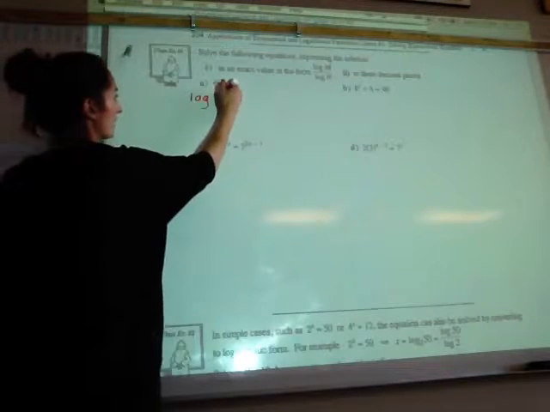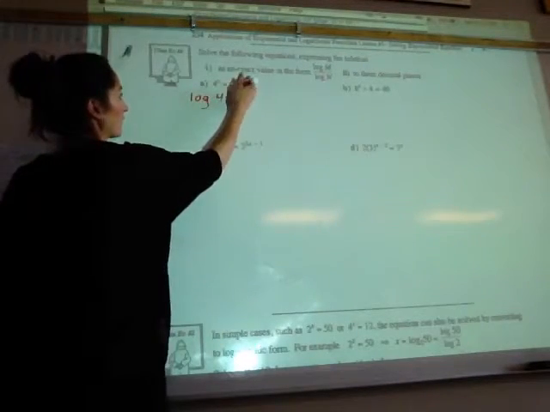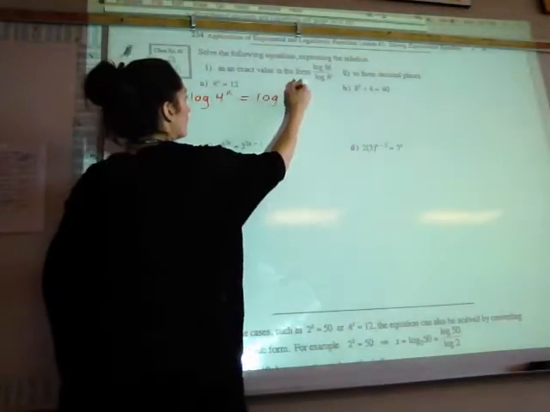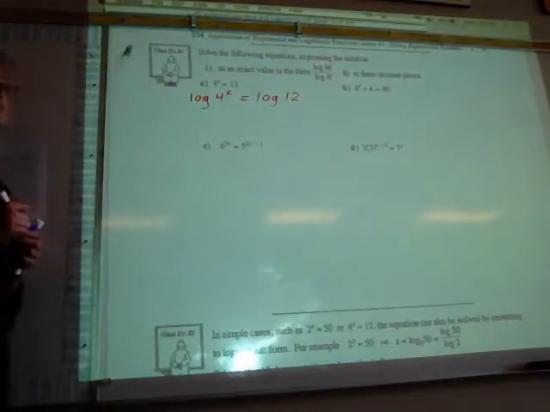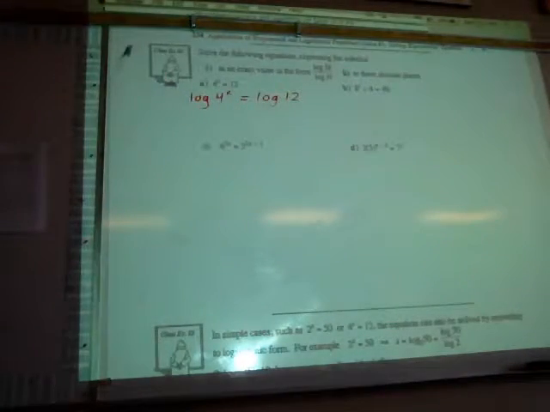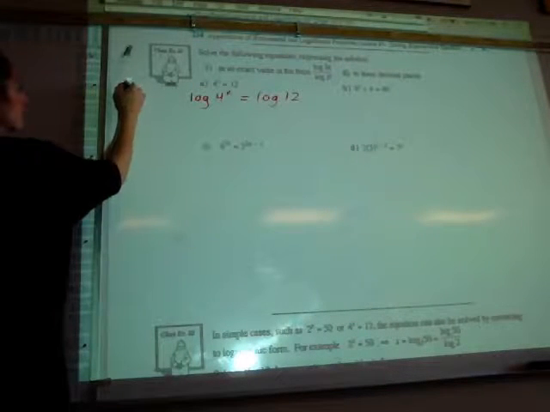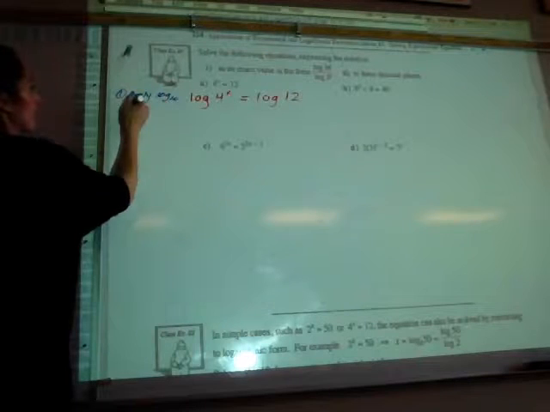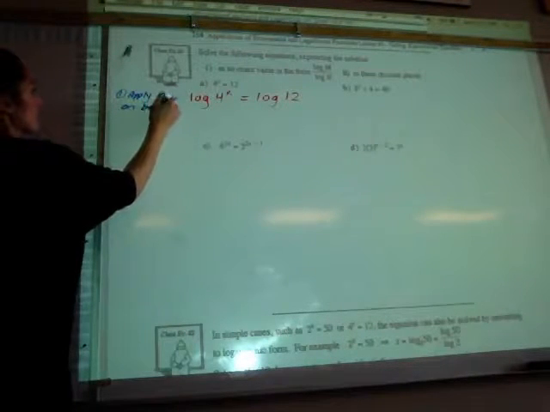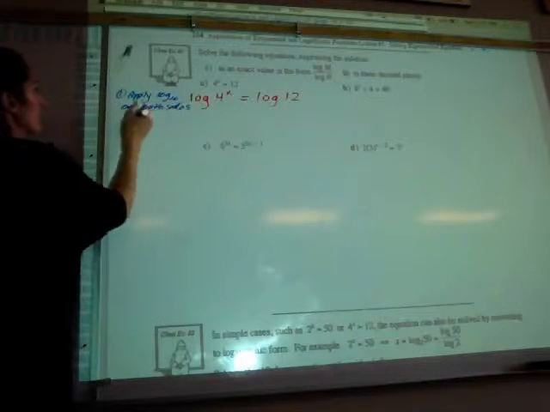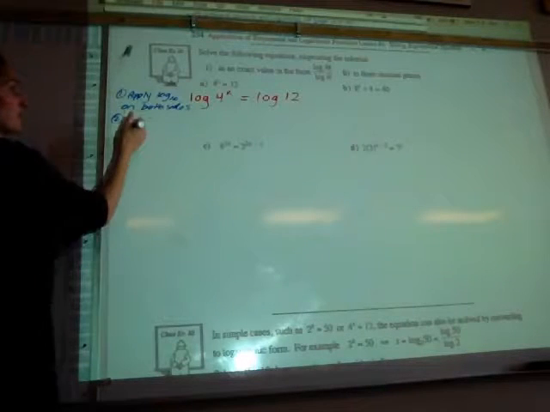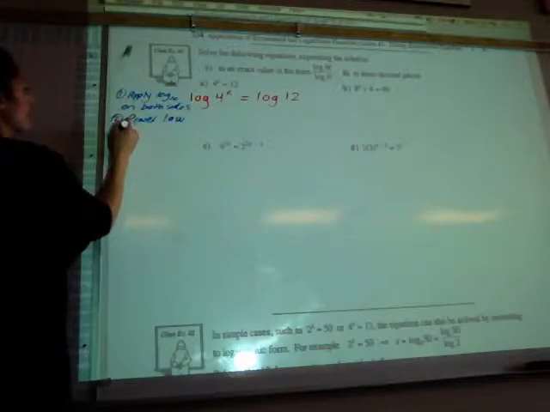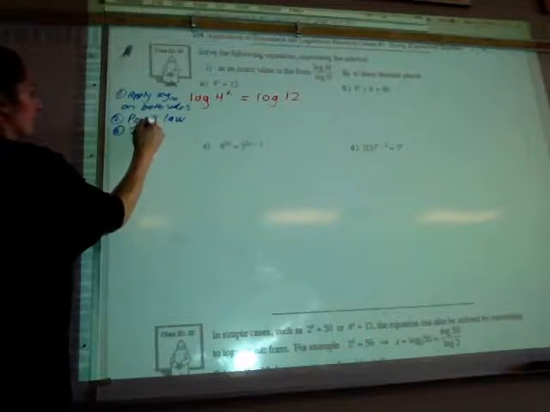We get log base 10, argument 4 to the power of x, equals log 12. Step 1, we apply log base 10 on both sides. Step 2, we're going to use the power law. And step 3, we're going to solve for x.